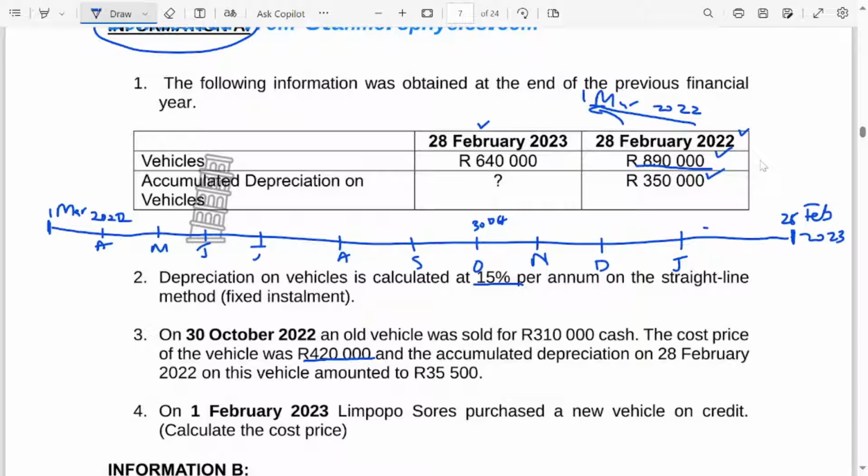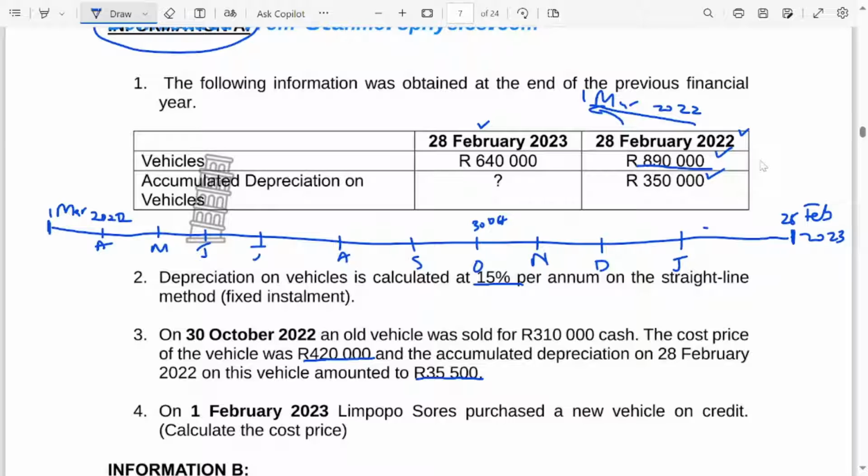Then they are saying the accumulated depreciation on 28 February 2022 on this vehicle was 35,500. So meaning that in this accumulated depreciation, they've not included the depreciation of this year.